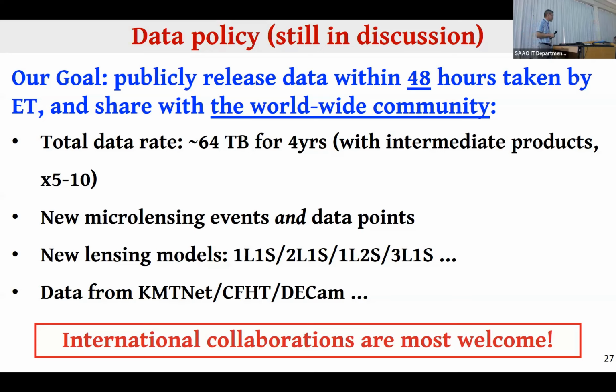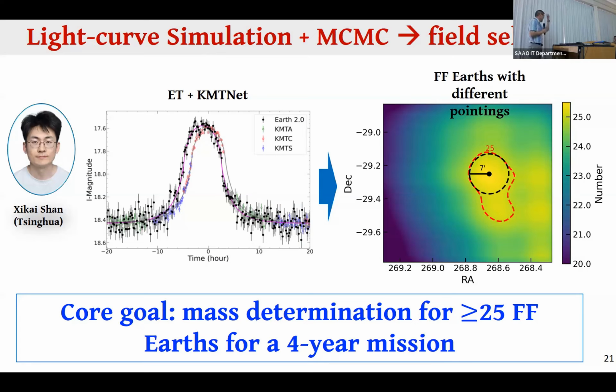I think our goal is to achieve the highest event rate, to have the highest number of free floating Earths. Because this is the Earth 2 mission, so we have to find some free floating Earths. And that is what's being optimized here. In order to convince the funding agency, we can put microlensing into the same mission as transits. But fortunately, we can do this in the same mission.